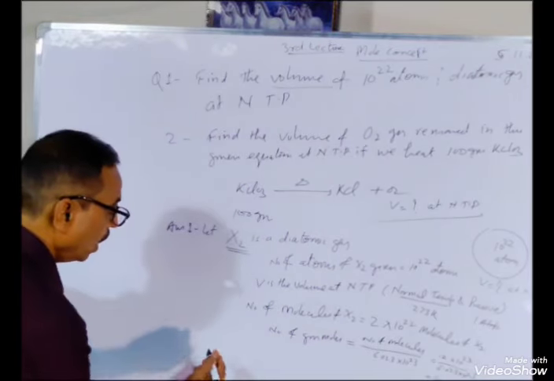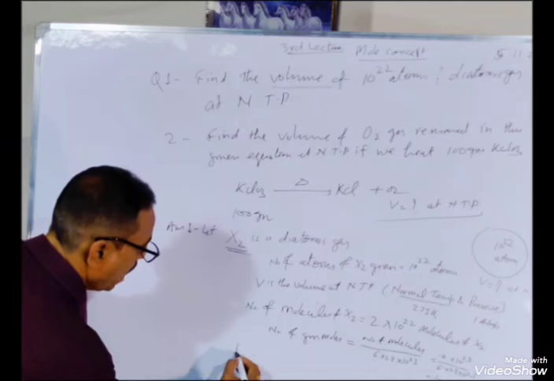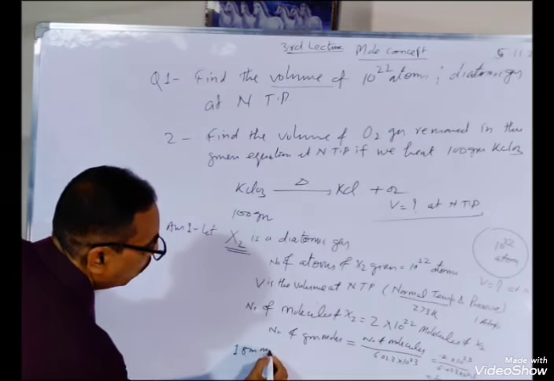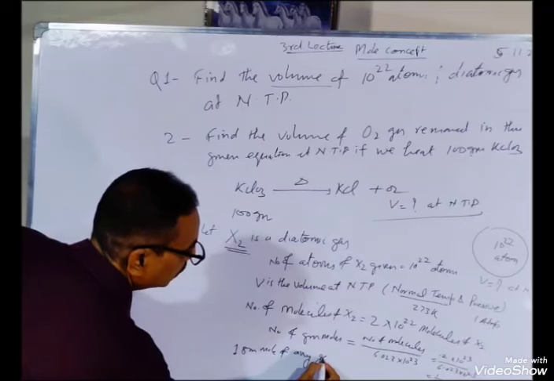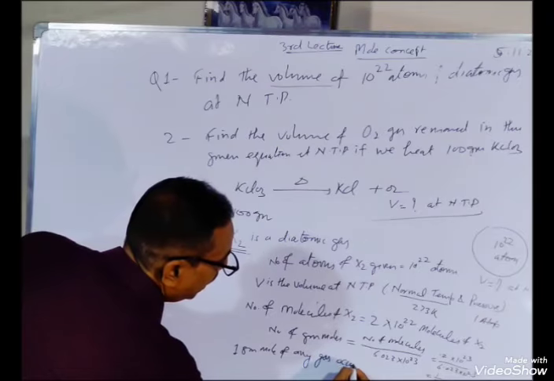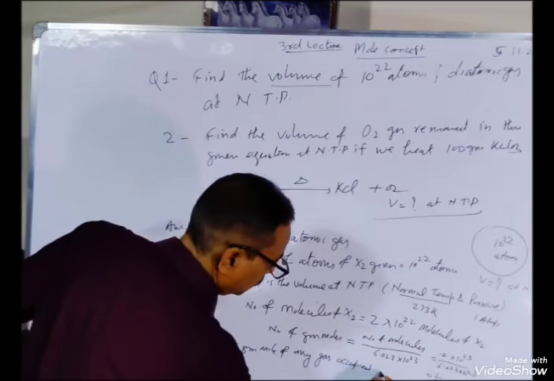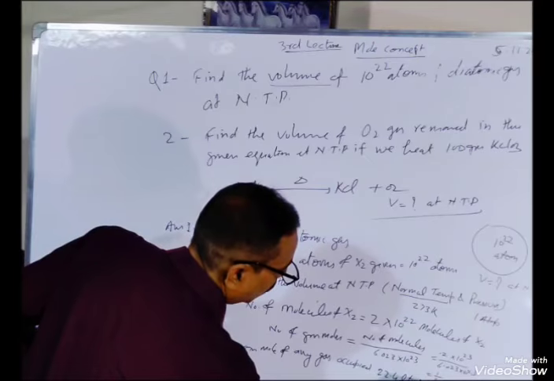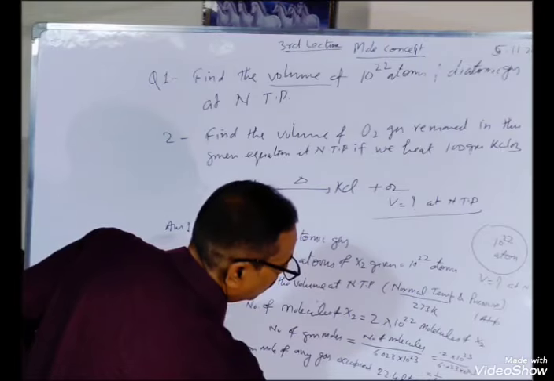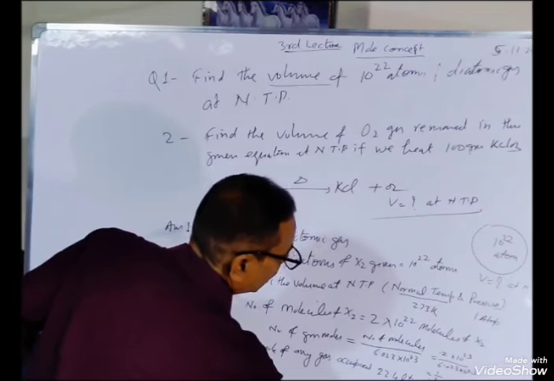And from the molar volume, yesterday we told you 1 gram mole of any gas occupies 22.4 liter volume at NTP, normal temperature and pressure.